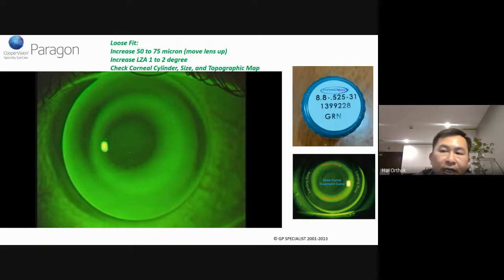So if from 31, we should increase to 32 or 33, to make the tier move less into the lens. So remember, with Paragon CRT, we can troubleshoot exactly like IC, but we have the additional landing zone angle to fix the lens and move or correct the lens more effectively.